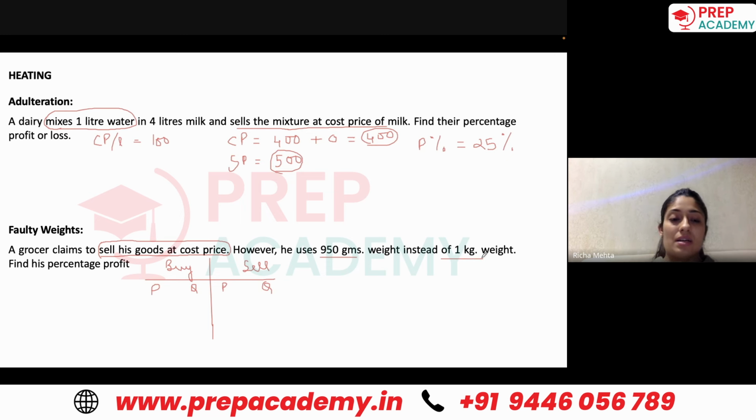Now see, clearly there is no cheating happening on the buying side, which means the grocer is buying 1 kg quantity at the price of 1 kg. So I'm assuming price of 1 gram is 1 rupee, so 1 kg is 1000 rupees. Is the buy side clear?